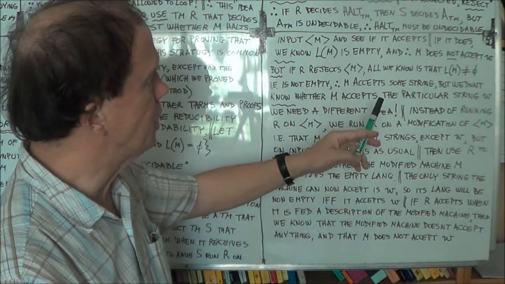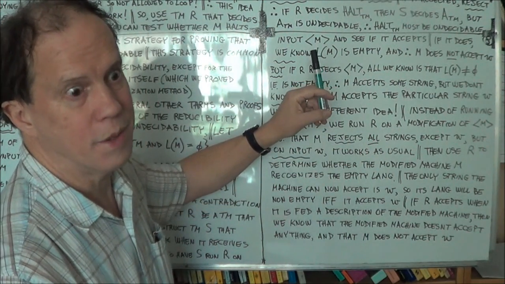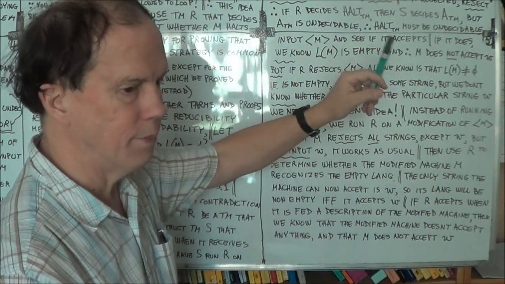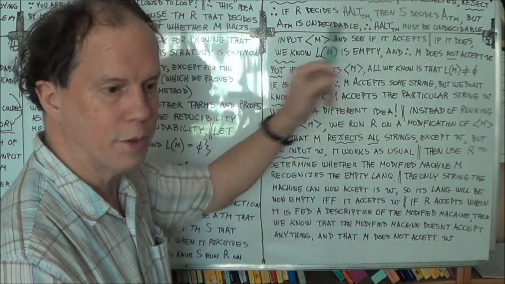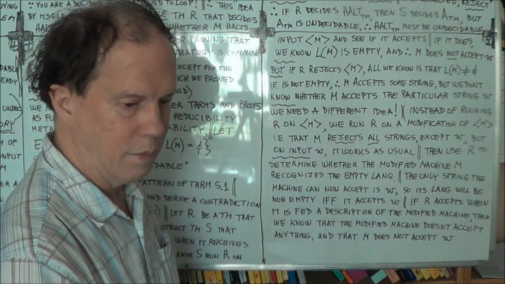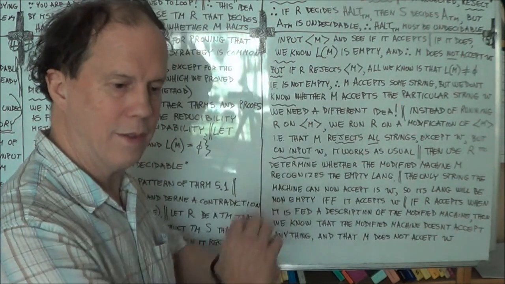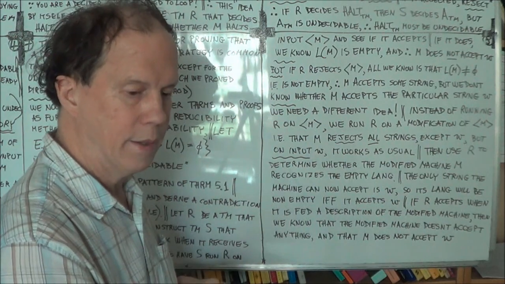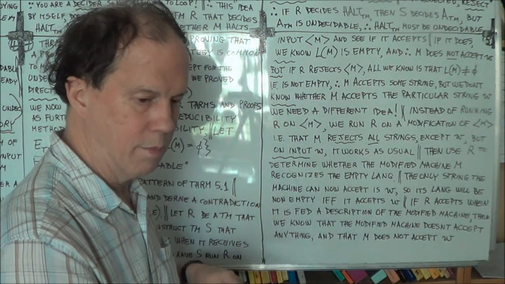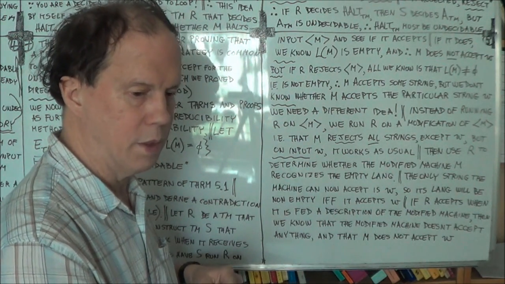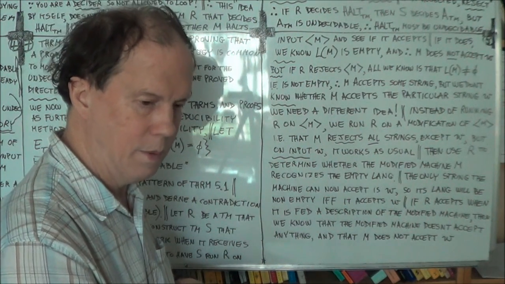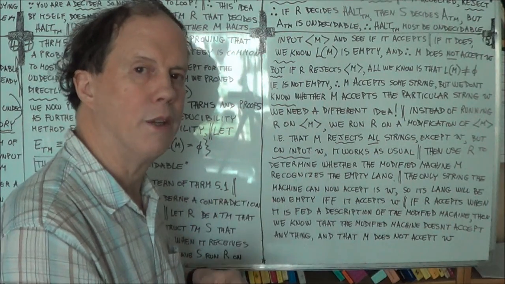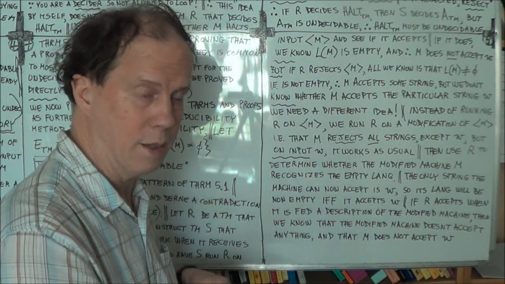If we want S to decide the language ATM, and that's the whole point of the proof, we're trying to have S decide ATM, because that would then be our contradiction. If we can show that ATM is decidable, then we have a contradiction, because we know, from prior knowledge, that ATM is undecidable.